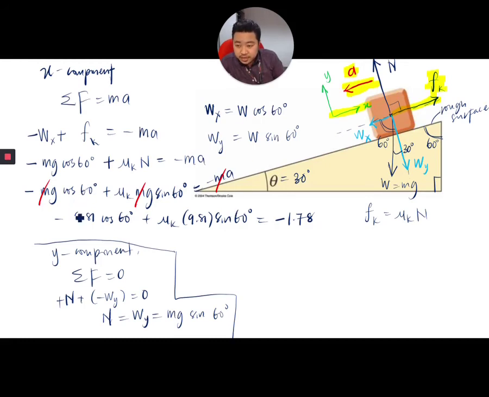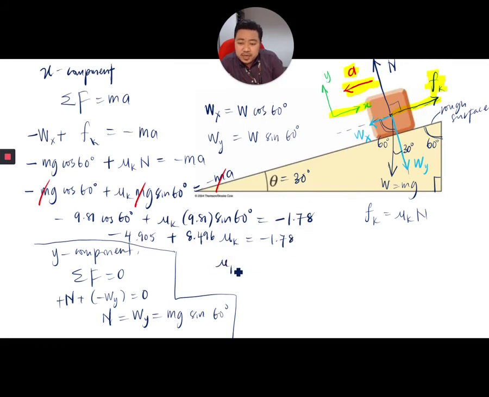Here it is going to be negative 4.905 plus 8.496 multiplied with mu k, and then it is equal to negative 1.78.